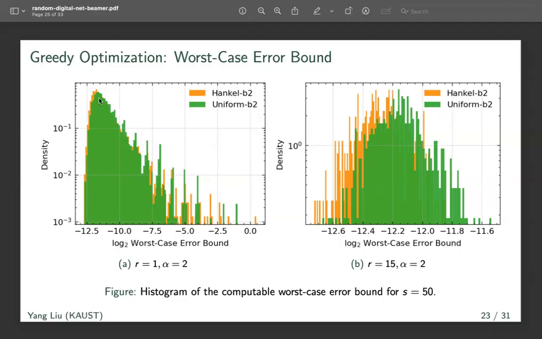Here we observe that the Hankel random design only has a very small advantage compared with this uniform design. But if we increase this batch size from 1 to 15, and in each batch we choose the smallest worst case error bound, then we observe this very obvious advantage of the Hankel random design over the uniform design. Both are for a 50-dimensional example.